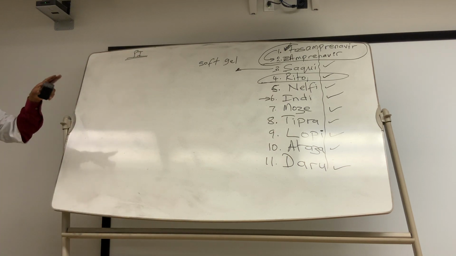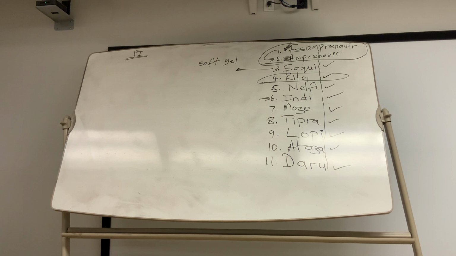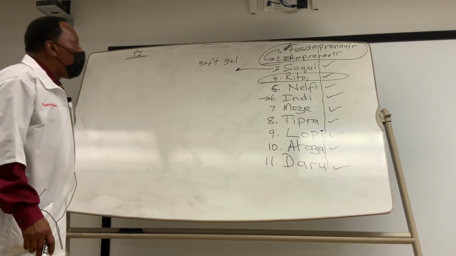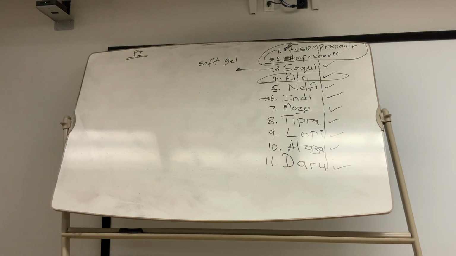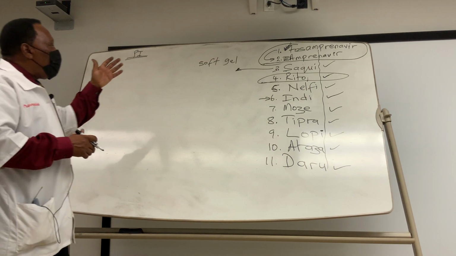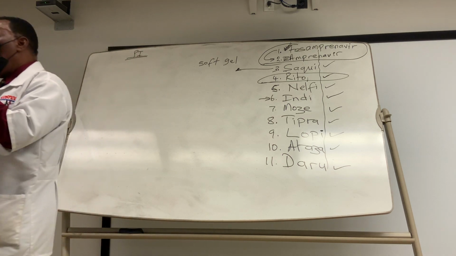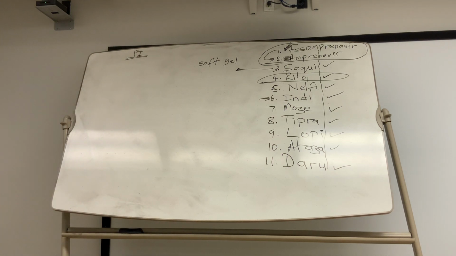Your saquinavir, you can see in two formulations. There's the soft gel and then there's the hard gel of the drug. And it seems like your soft gel is somewhat less potent than the hard gel.